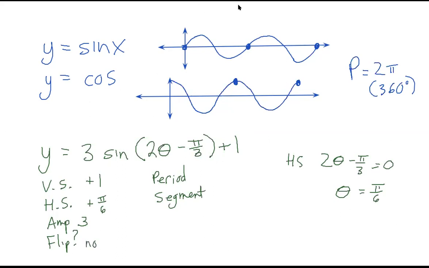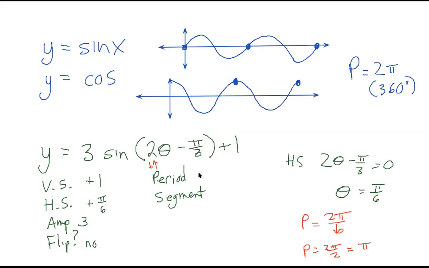There's a formula for period that's really simple and really important to know. Period equals 2 pi over b. This number is b, whatever is in front of the x or theta. So in this case, period equals 2 pi over 2, so pi.